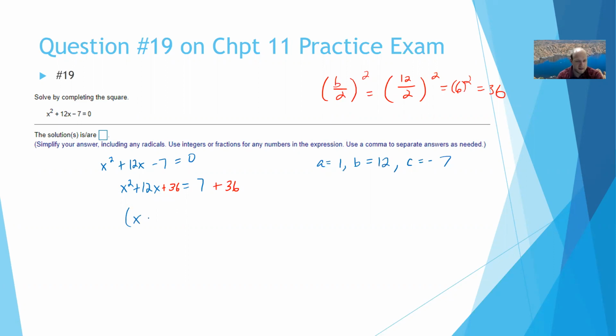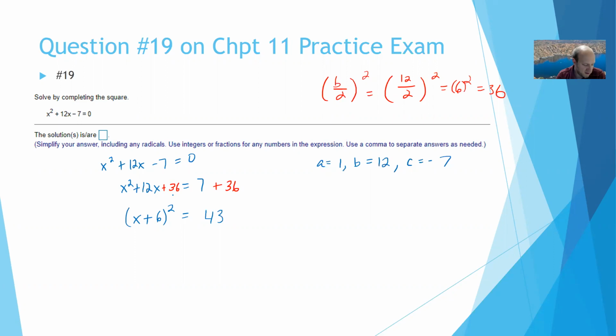So I can go ahead here and say that this guy is x plus 6 quantity squared. Again, x plus 6 squared is x plus 6 times x plus 6, which would FOIL out to give you this trinomial. And then 7 plus 36 is 43. So I have completed the square, right, by getting that 36 term.